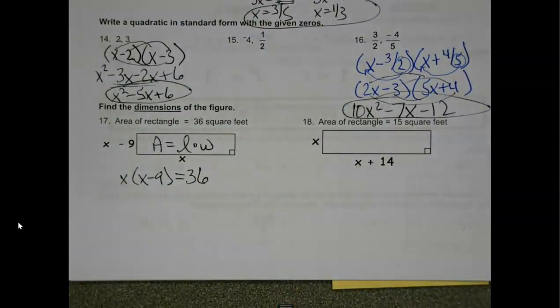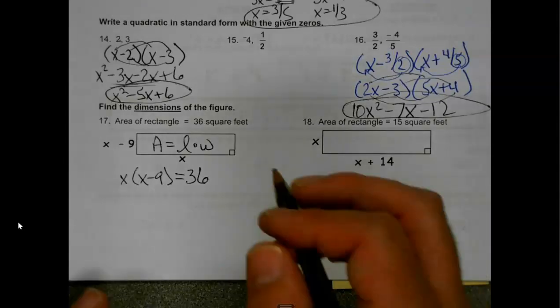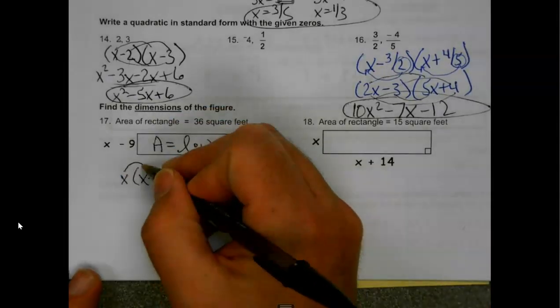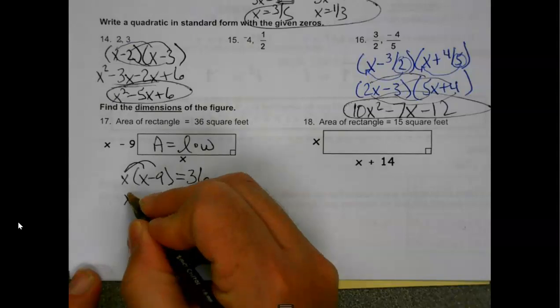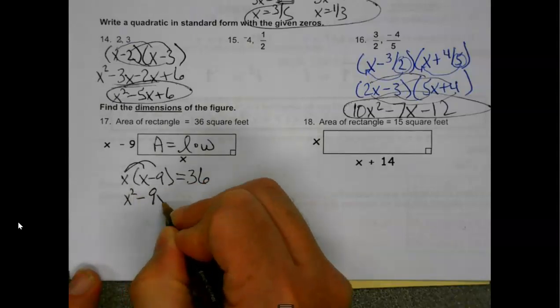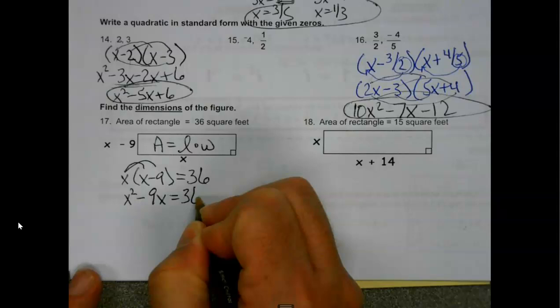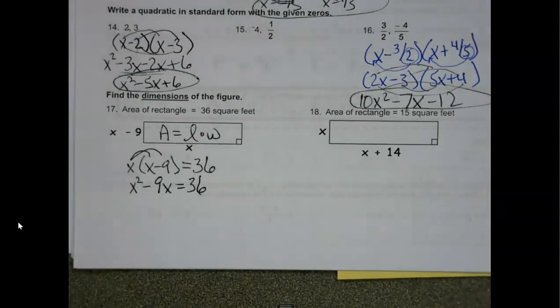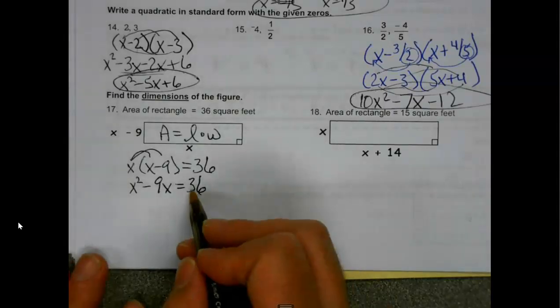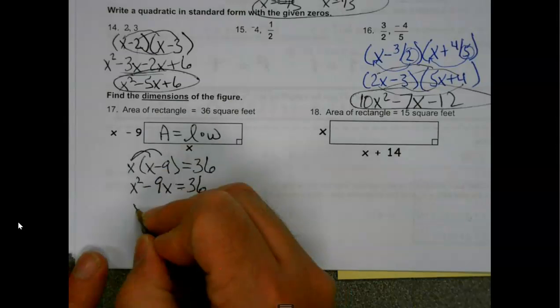You're like, all right. Find the dimensions. Oh, man. Distribute. Hopefully we start to see where we're heading here. You're like, oh yeah, it's got to be equal to 0. 36 has got to come over.